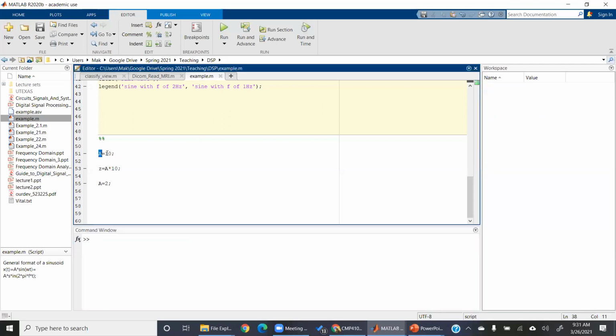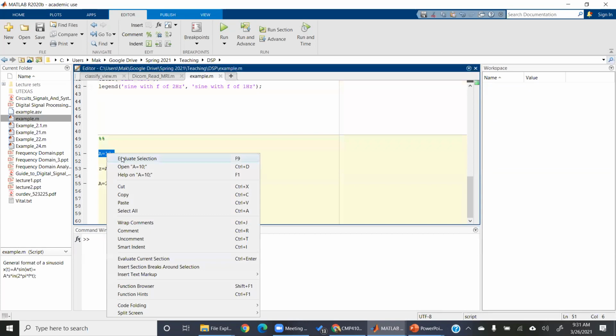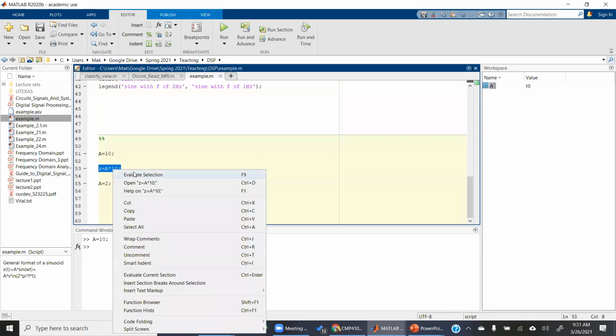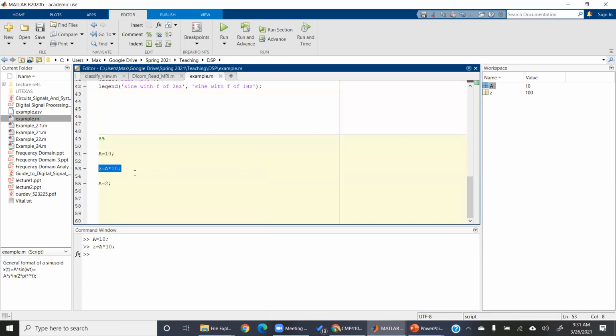A is 10, okay? Let's run this sequentially. A is 10, Z uses what the value of A is at that point. So Z is 100. And the next line says, oh, overwrite A, change it to 2. We haven't done anything else to Z. So Z is still what it was when it was first calculated.